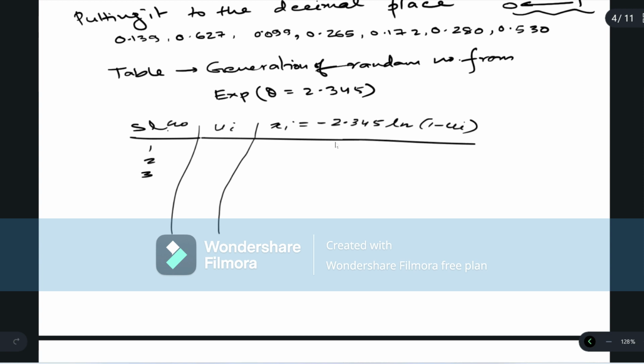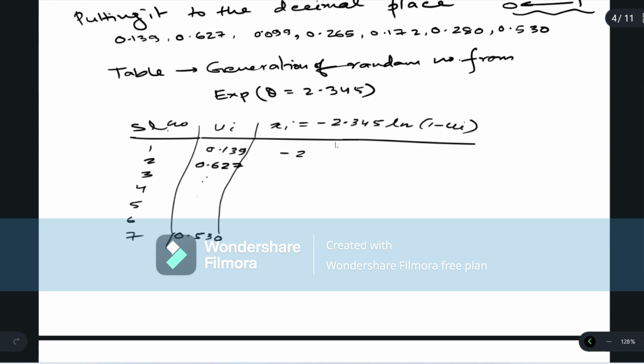1 2 3 4 5 6 7. 0.139, 0.627, putting the values like this, and lastly 0.530.